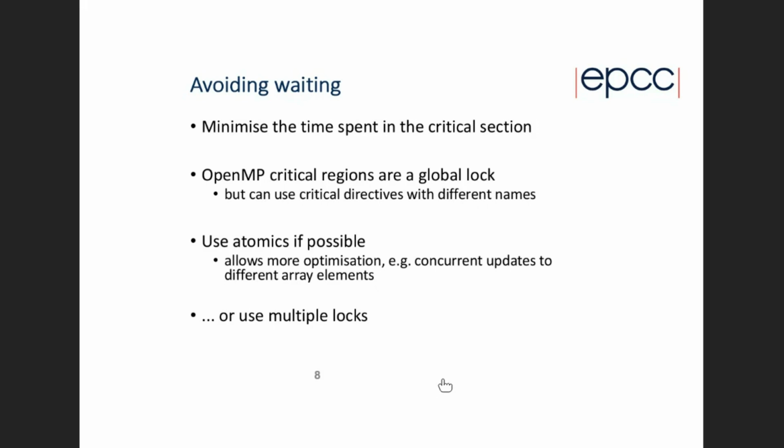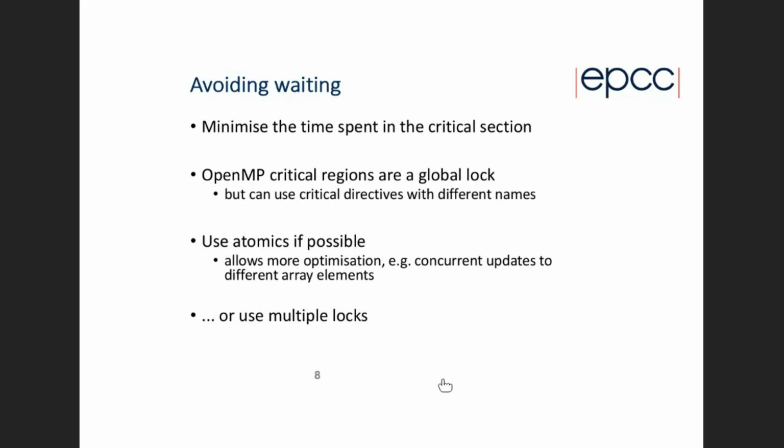A capture is where you can update a shared variable, but you can also, at the same time, as part of the same atomic operation, either store the old value or the new value in a private variable. So that actually allows you to do more things with atomic than just do an update.